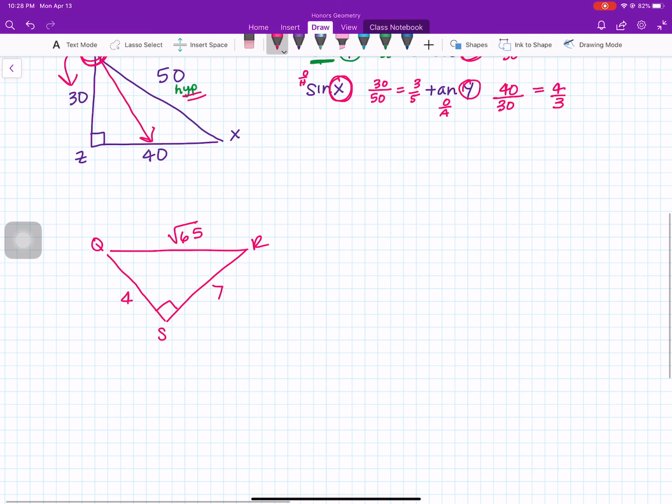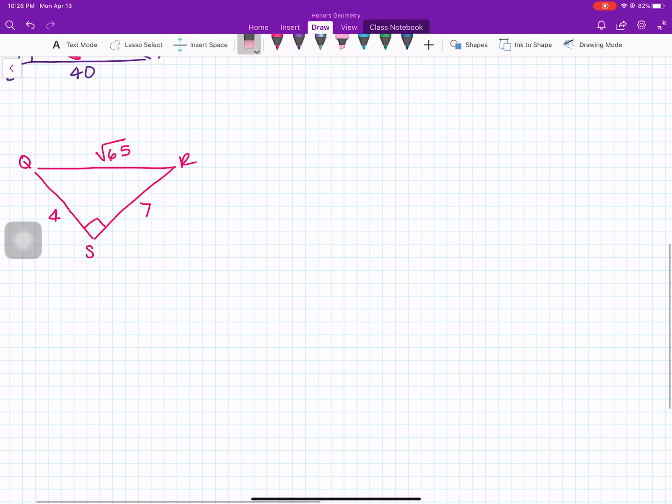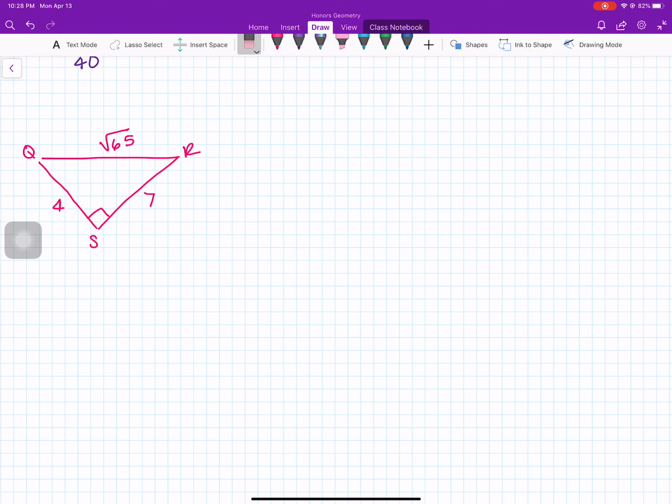Typically, for your purposes, you're only going to be finding the sine, cosine, and tangent of the acute angles. You're not ever really going to be working with the right angles for now. You will in the future, but for the purposes of our course, you're focusing on the acute angles. So in this case, it's going to be Q and R.